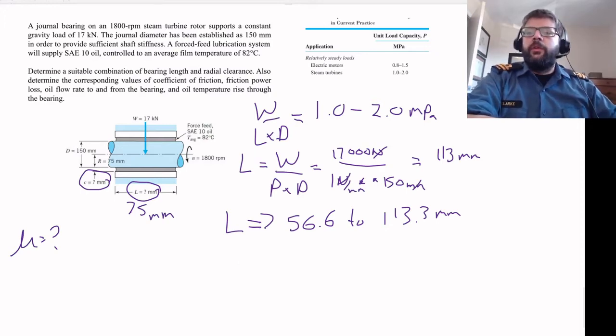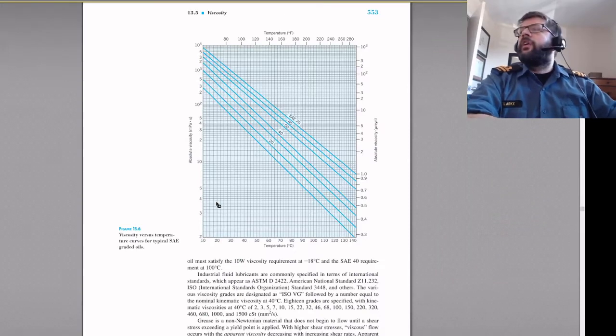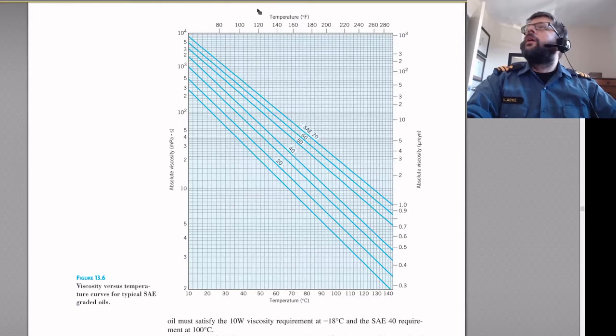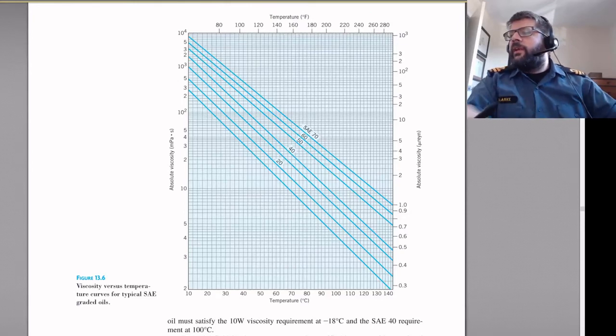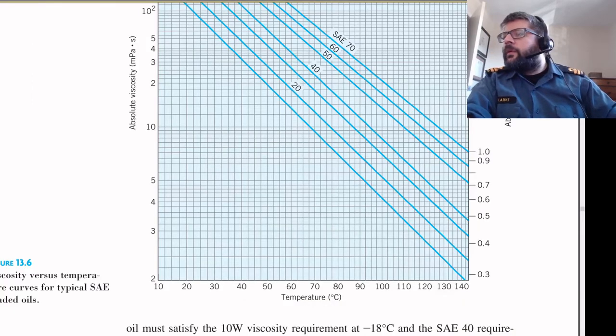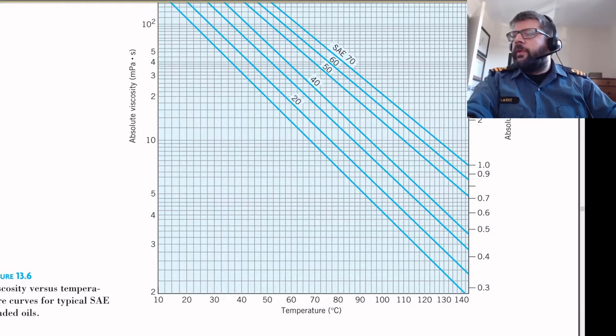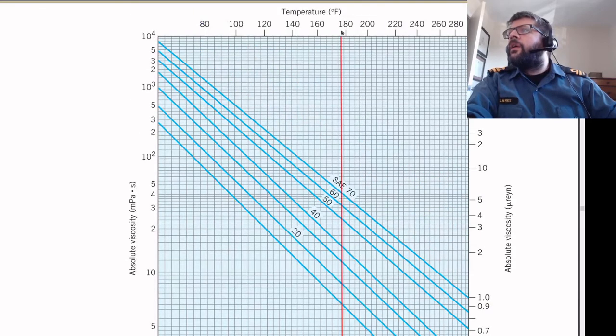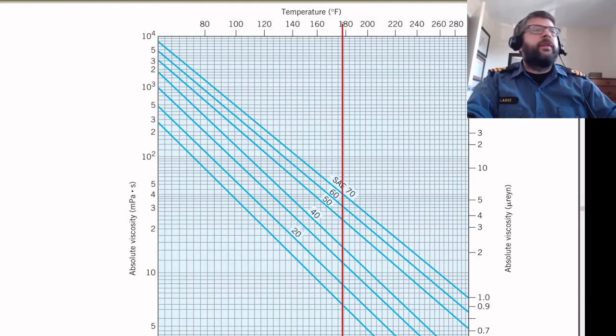So if we go to our chart here, I'm going to zoom in a little bit. If we're looking for 82 degrees Celsius, there are 4 divisions for each line between 80 and 90. So we're looking at just to the left of the first division there, right about there.